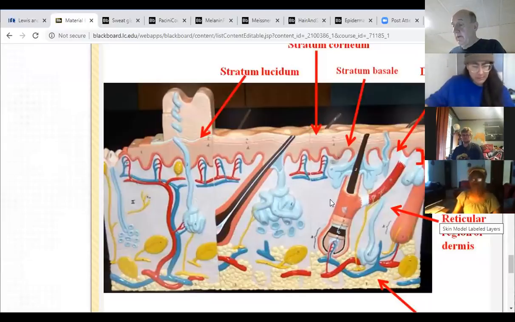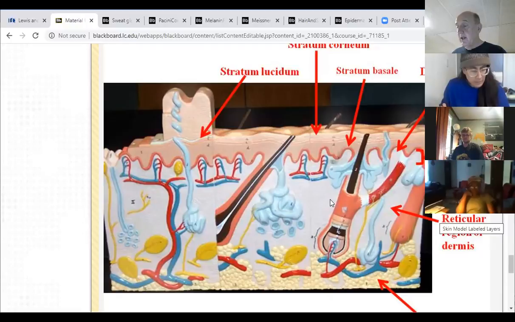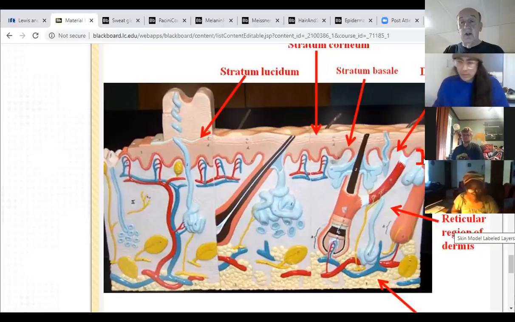If you look at the lab report, the dermis has a question, or request: list layers superficial to deep. So within the dermis, the superficial layer is the papillary region, and the deep layer is the reticular region.